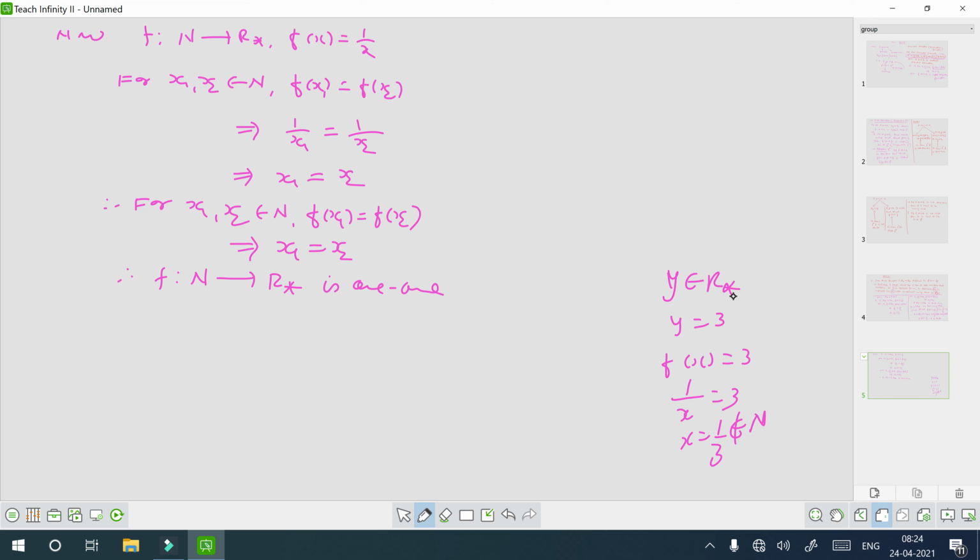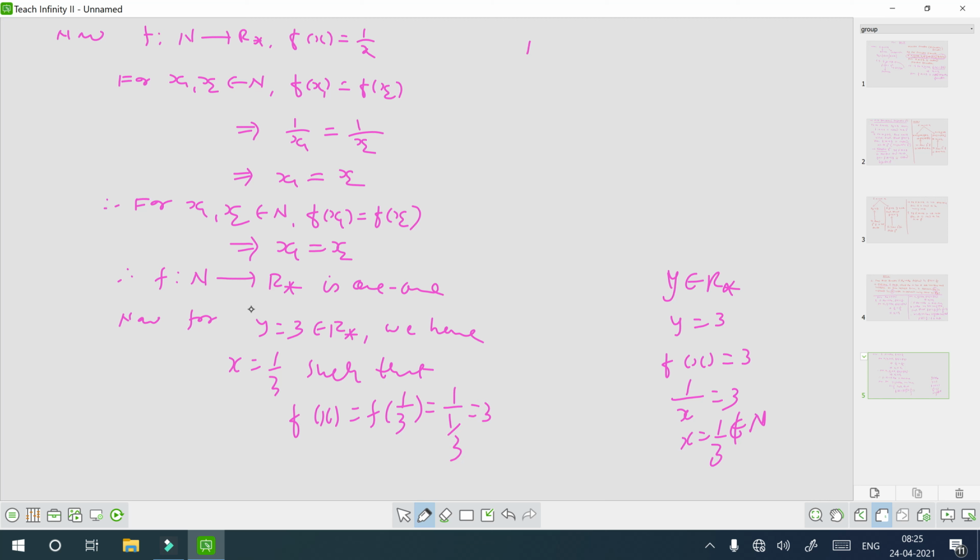So now for y equal to 3, which belongs to R star, we have x is equal to 1 by 3 such that f of x is equal to f of 1 by 3 is equal to 1 over 1 by 3 is equal to 3.